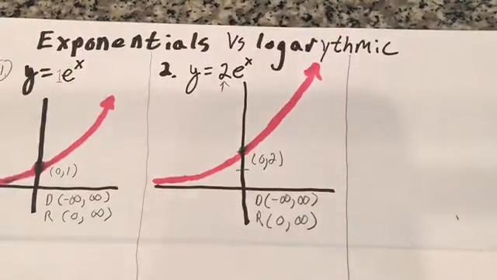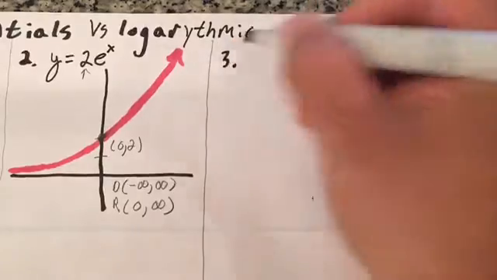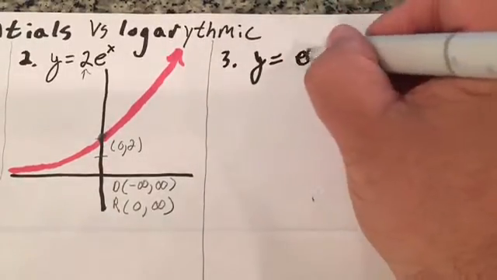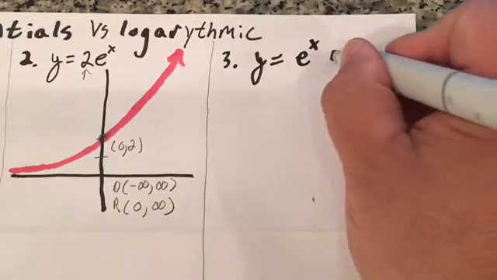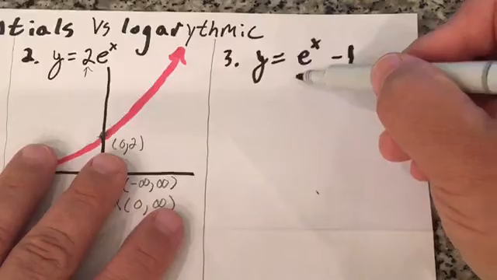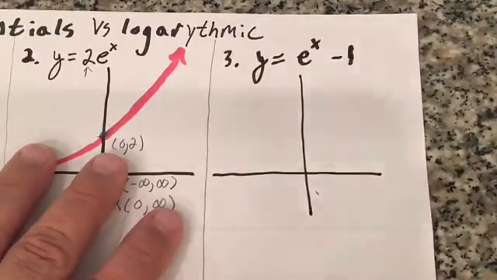My third graph is going to be a phase shift. y equals e to the x minus 1. So I'm going to do my xy axis. There's a hidden 1 in front.